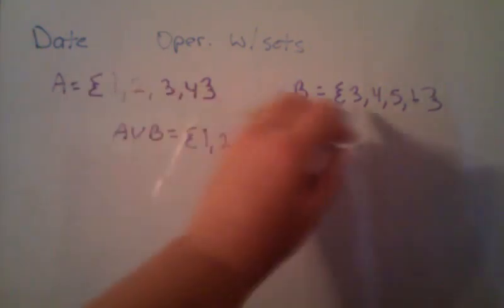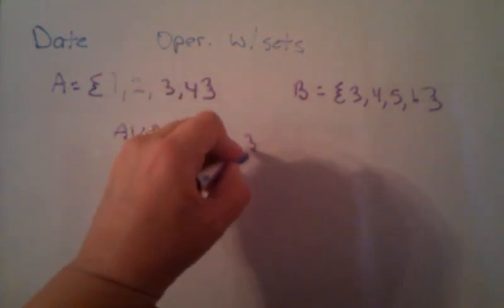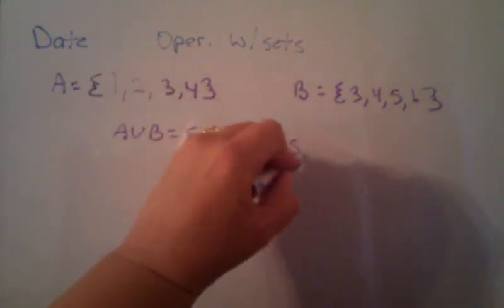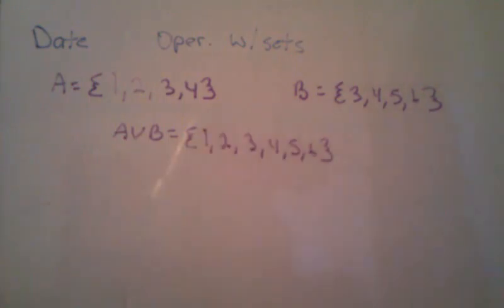Now look, there's two 3s, but I only write it once. No matter how many times they're listed in these sets, I only write the element once. Okay?